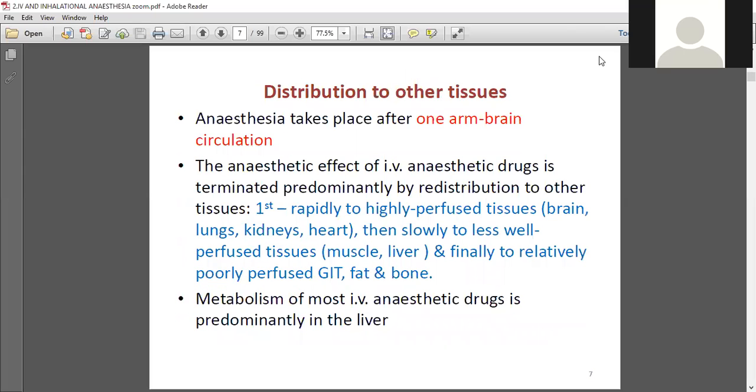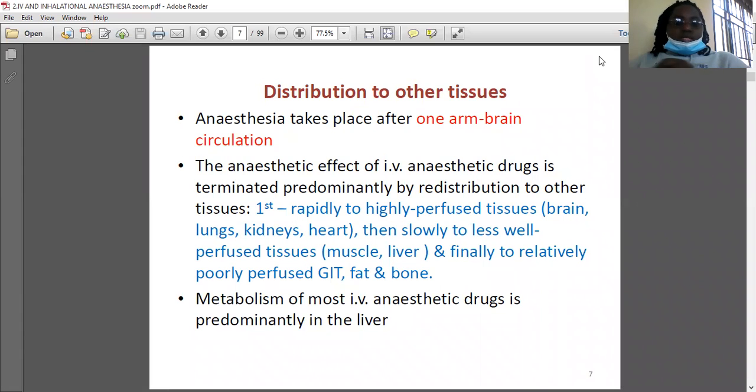So then we have distribution to other tissues. Anesthesia takes place after one arm-brain circulation, I think after one cardiac cycle. Yeah, that's when the anesthesia will start. Then the anesthetic effect of IV anesthetic drugs is terminated predominantly by redistribution.